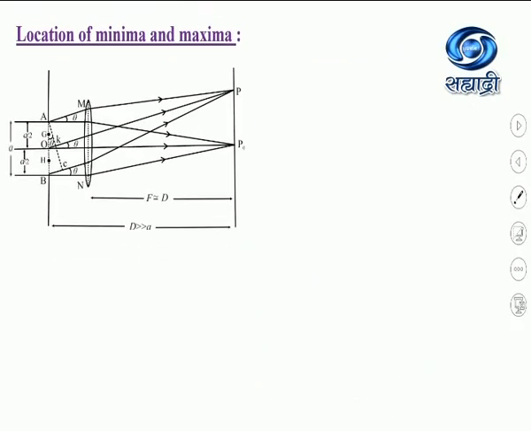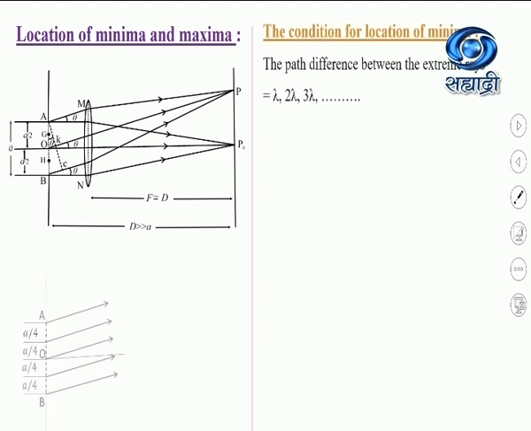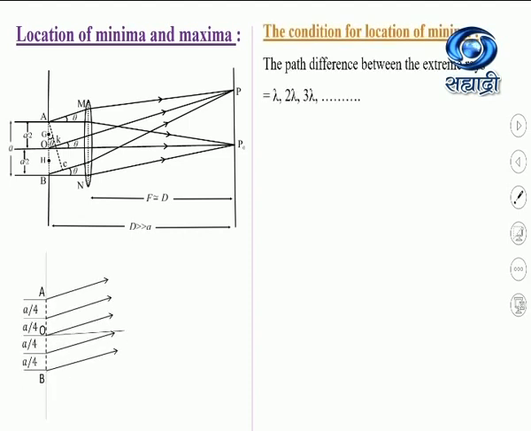We have taken the same experimental diagram and we have obtained the condition for path difference at point P. So point P is the first minimum or the first dark point of the diffraction pattern. Now for other dark points or other minima, what are the conditions?